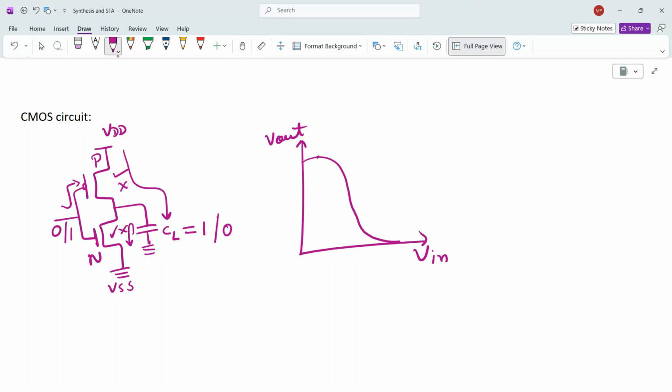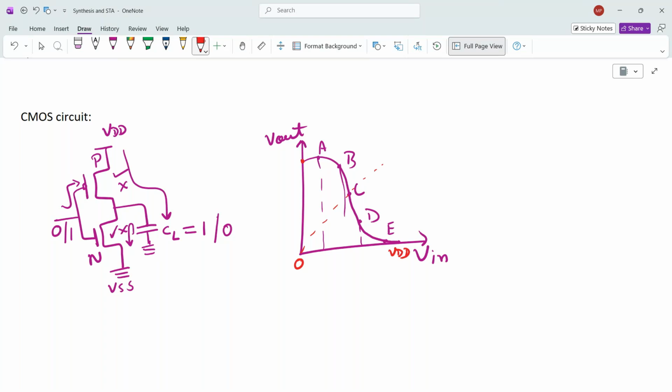It is divided into different regions like A, B, C, D, and E. When Vin is switching from 0 to 1, where 1 is full VDD, what happens at Vout? When Vin is 0, it gives you full 1.